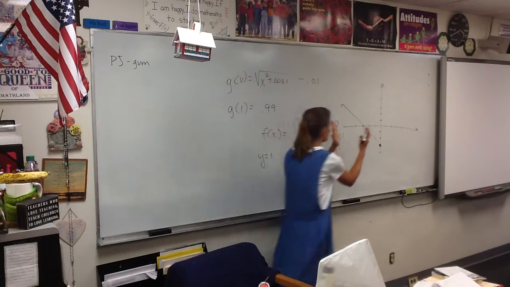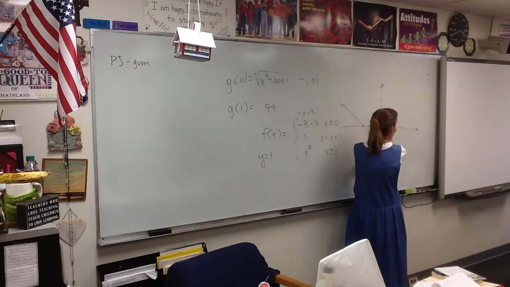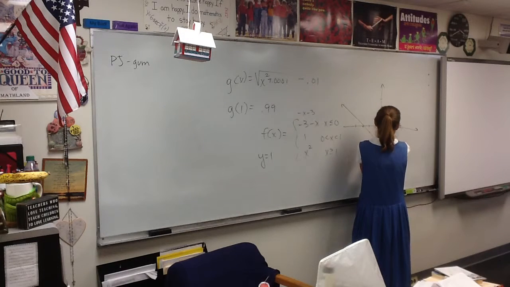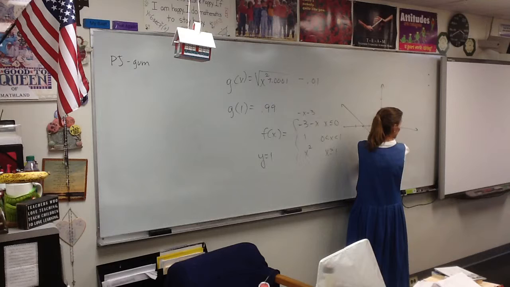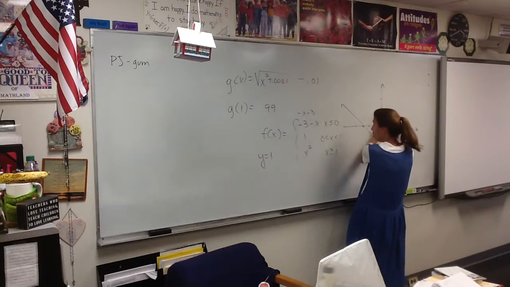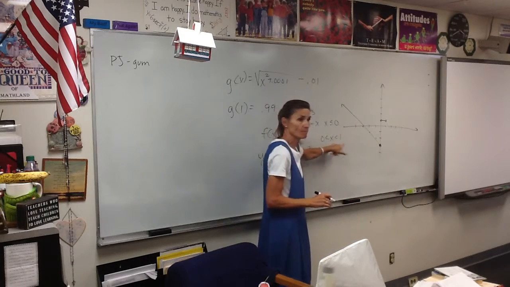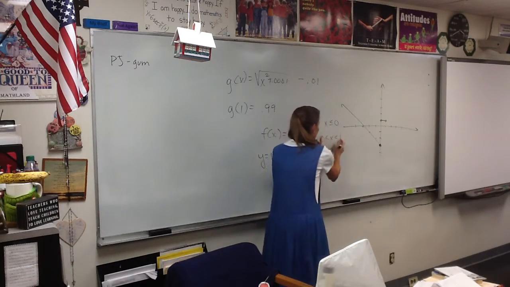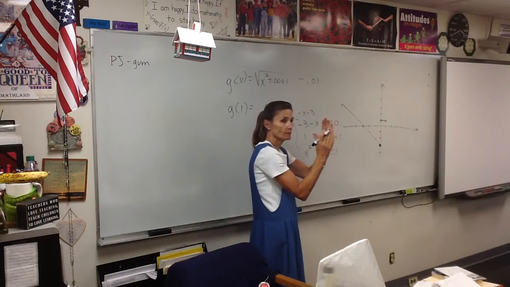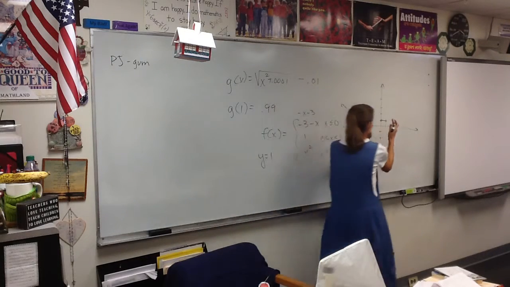So all between my hands, all the y values are 1. Well, doesn't that happen right here, kids? Yeah. So between my hands, I have to have a y value of 1. And those are open dots because the 0 and the 1 aren't included. So I have a little step right there.